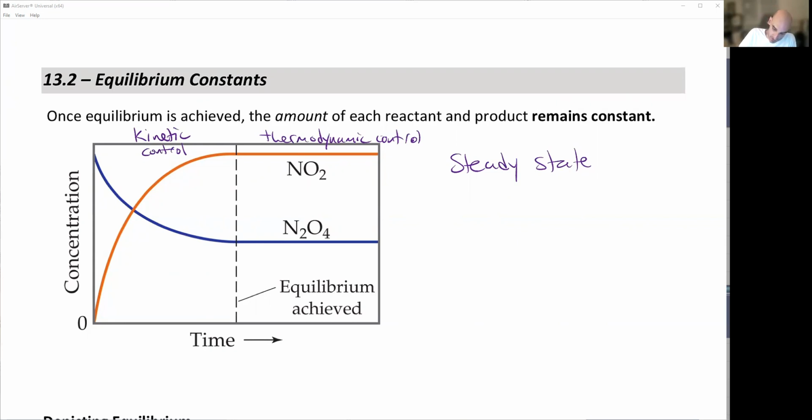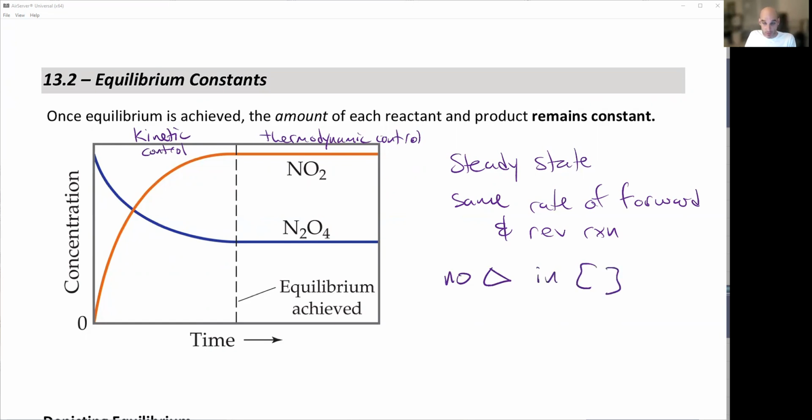We have the same rate of forward and reverse reaction. The rate is the same. Rate is equal to one another. Not rate constant, rate is equivalent. Okay, that's important. Rate is equal, not rate constant. Again, there is no delta, there's no change in concentration.